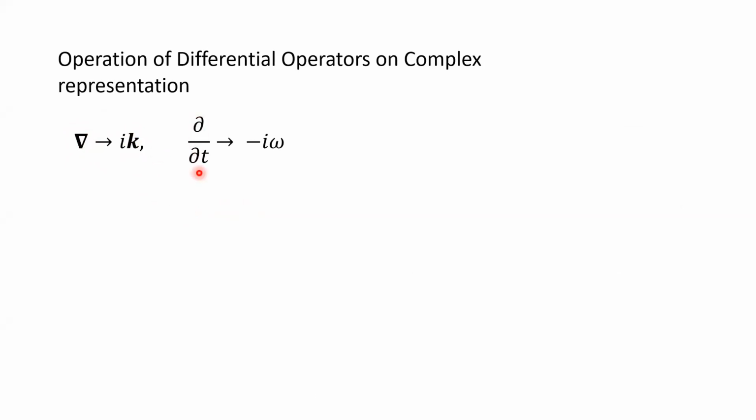Similarly, if you have del by del t, then the del by del t operator will extract out a minus i omega. So differential operations do not change the function. All they do is multiply those functions with these constant factors.